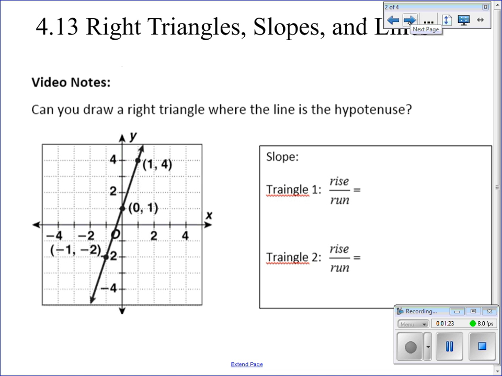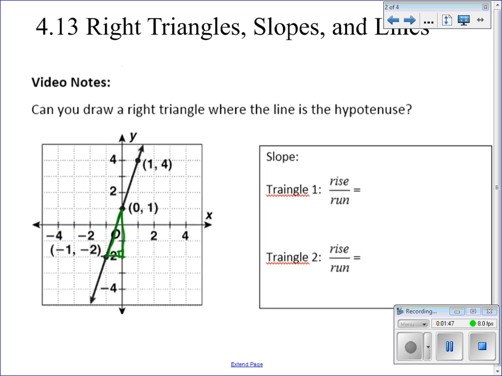So diving right in, our first video note. As you can see, we have a line graphed here, and we're going to try to make two triangles. The first triangle, I want to kind of do it for you, and I want to show you that if we connect these lines here, we really have a triangle, and that is a right triangle because it forms that 90-degree angle.